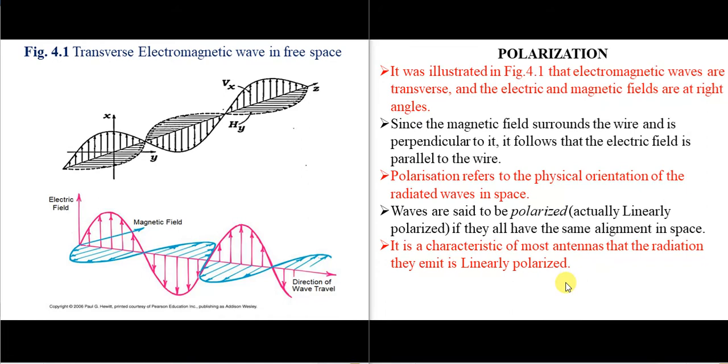It is a characteristic of most antennas that the radiation they emit is linearly polarized.